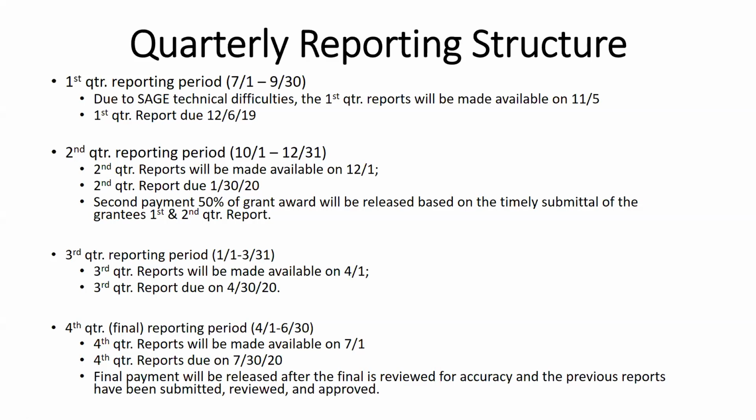The fourth quarter reports will be made available on July 1st, and will be due on July 30th. Once we receive the final reports and the previous reports, and they've all been reviewed for accuracy, then the final payment, or 25% of the award, will be released.